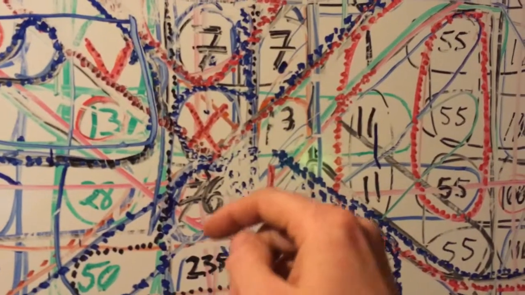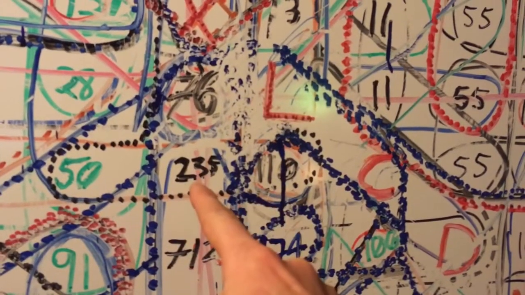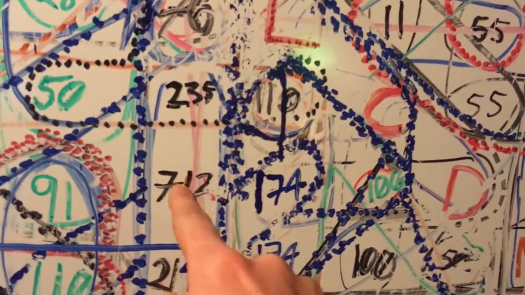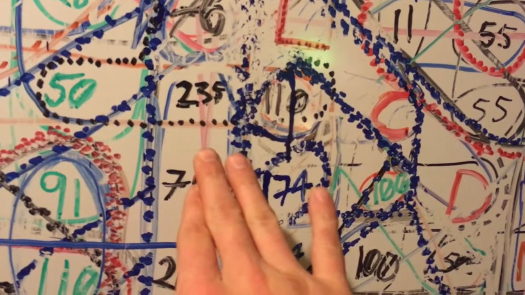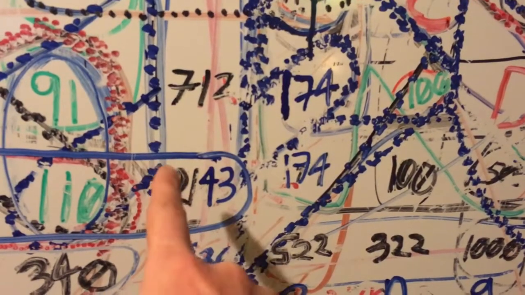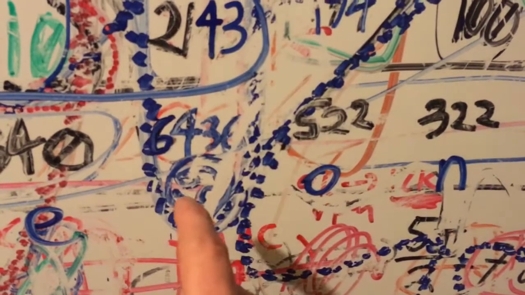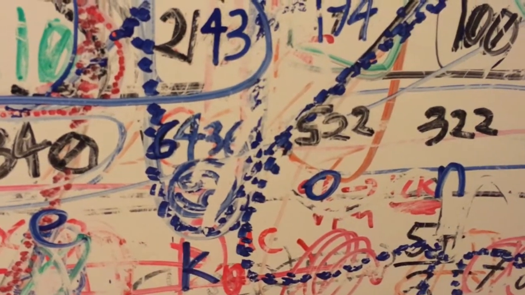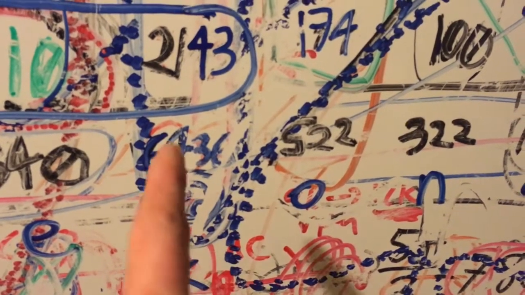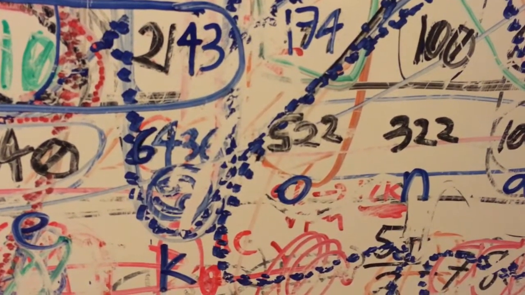23. 23 and 13 is 26, 36, 36 and 10 is 46, 47, 48, 49, 49 and 7 is 58, 59, 60, 68, and that's 19, so 68, 78, 87, and I thought it was 85.